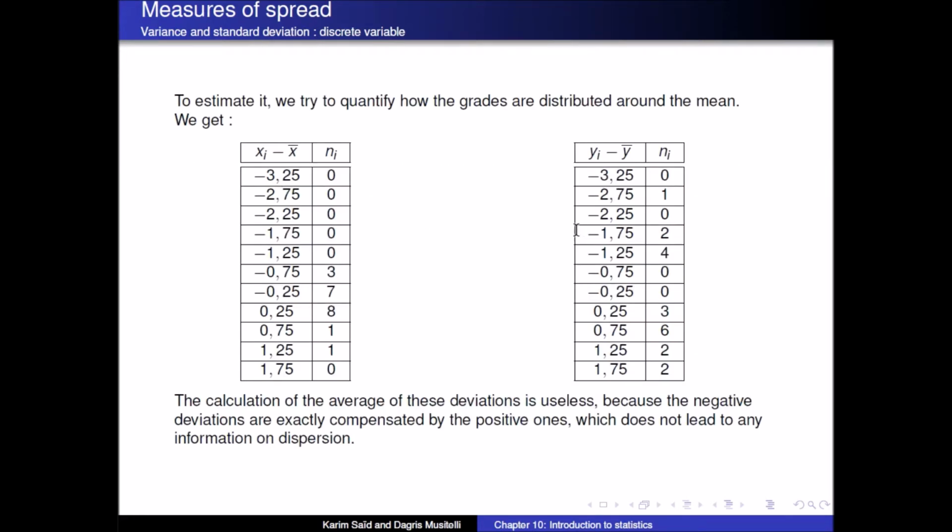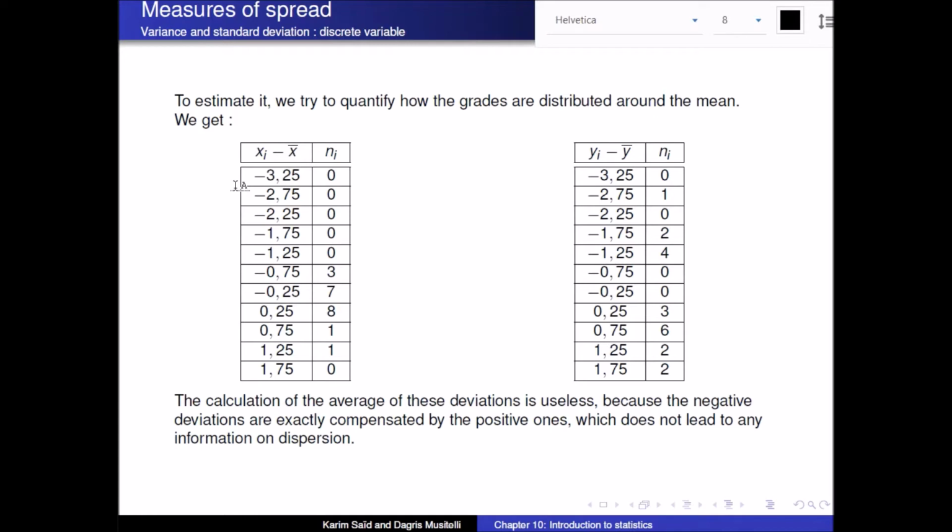To do so, what we do first is compute the deviation, so the difference between every grade and the mean. We get it this way: the first grade was 1 minus the mean, so 1 minus the mean gives minus 3.25.